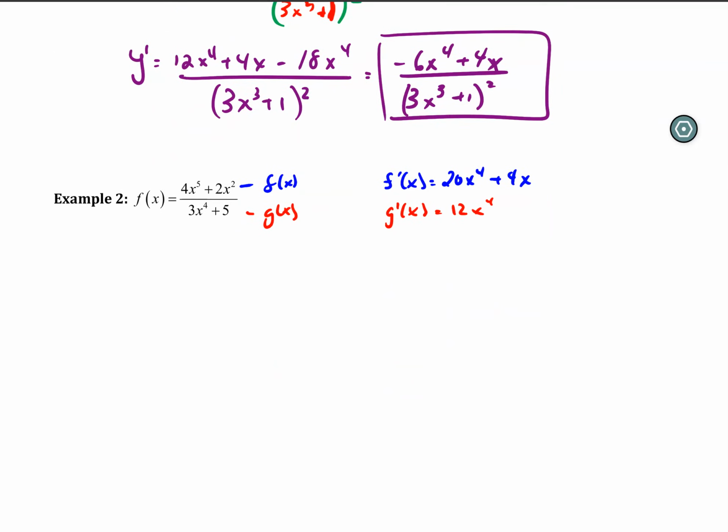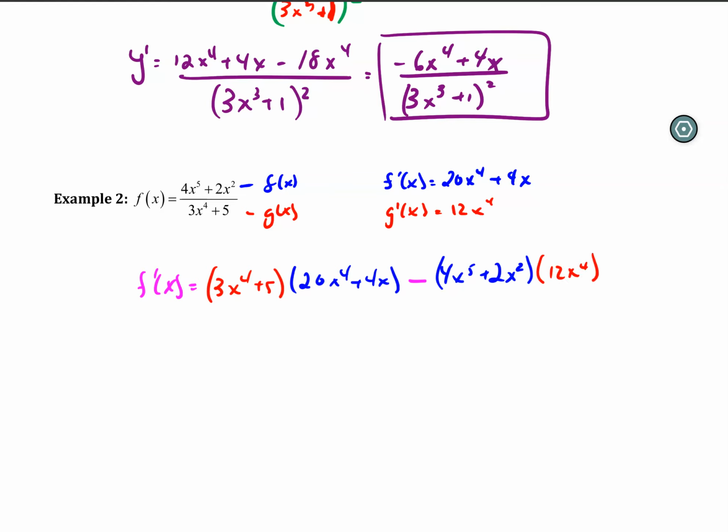So, in solving this, we've got f prime of x will equal, so we've got the denominator, 3x to the fourth plus 5, times the derivative of the numerator, in this case 20x to the fourth plus 4x, minus, we've got the numerator of 4x to the fifth plus 2x squared, and we're going to multiply that by the derivative of the denominator, which is 12x to the fourth.